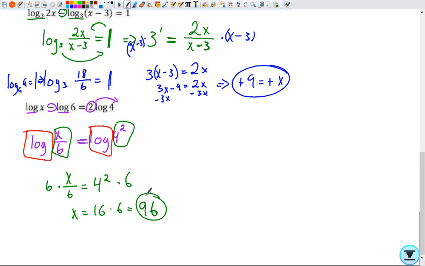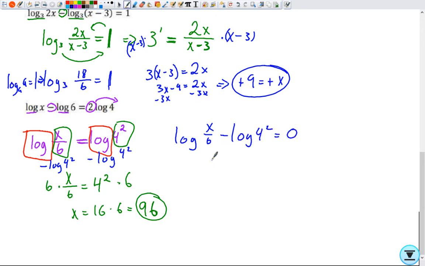Now, you could have, if you really wanted to, subtracted this log of 4 squared on both sides and gotten all the logs on one side, and gotten log of x over 6 minus the log of 4 squared equals 0.